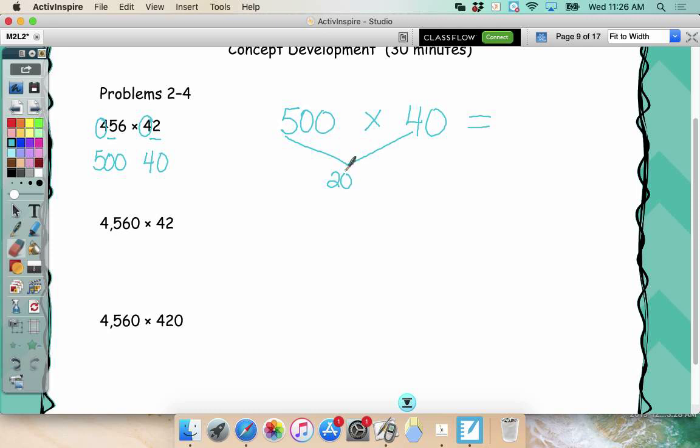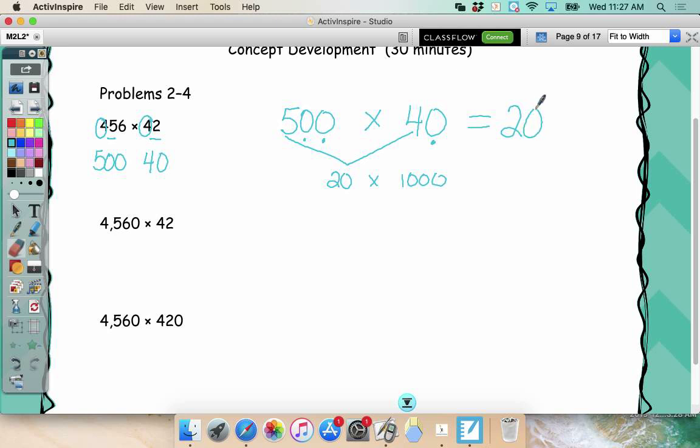Because I have to count all my zeros. So that gives me what number? I'm going to pull a stick. Yasmin, what number for my answer? So 20,000. 20,000. Very good.